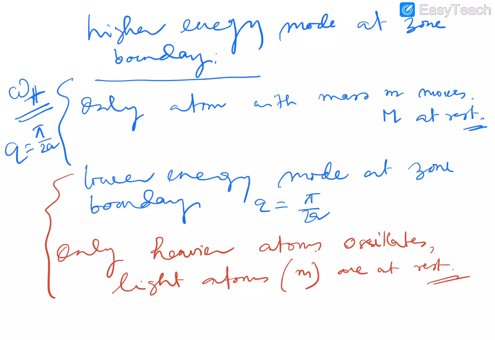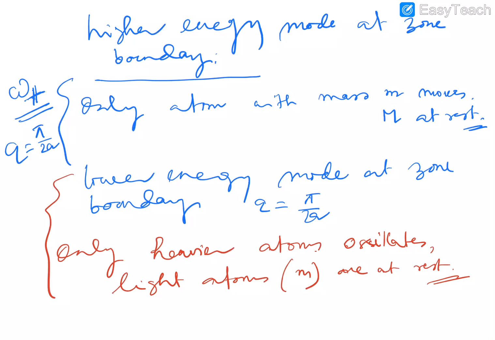Because these are high frequency modes which can interact strongly with electromagnetic radiation, and as I told you, photons can be absorbed, and these optical phonons can be excited at such frequencies. Then we considered the zone boundary. Now remember, the zone boundary is at pi by twice a, not pi by a, because twice a is the repeat distance now.